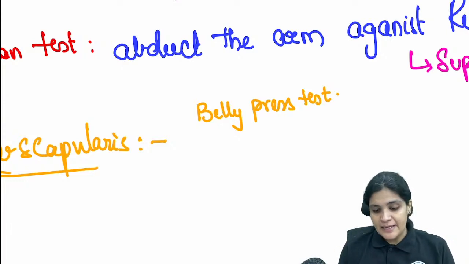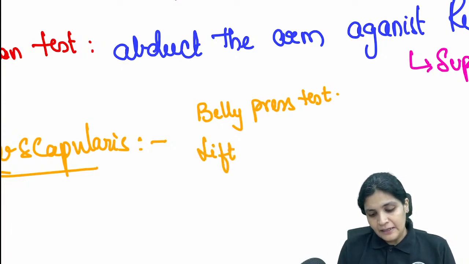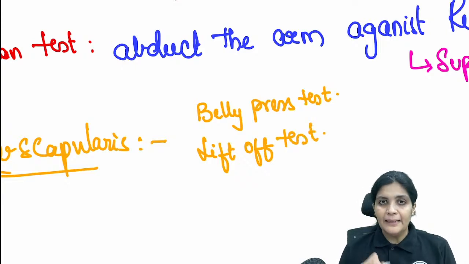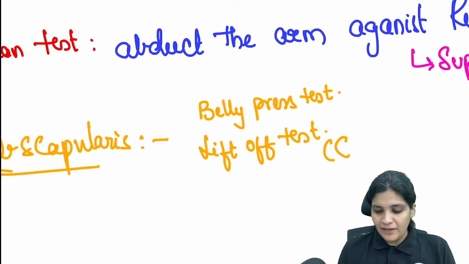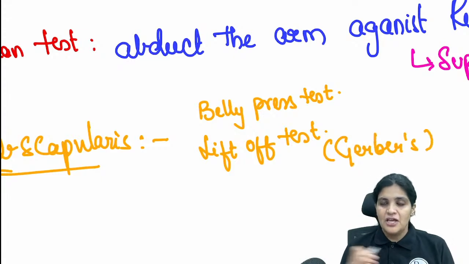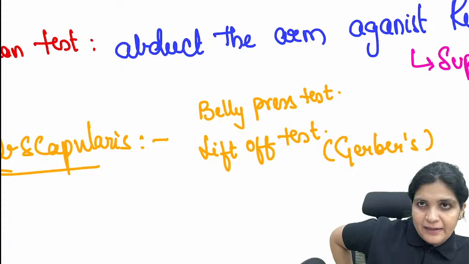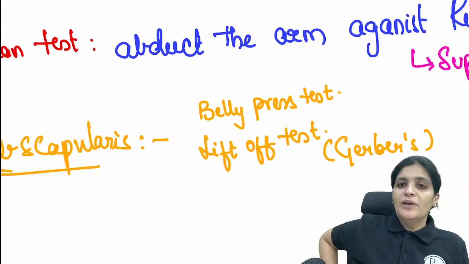Belly press test and lift off test. These two are very important. This is also called Gerber's lift off test. So what you do, you internally rotate it like that and you ask the patient.